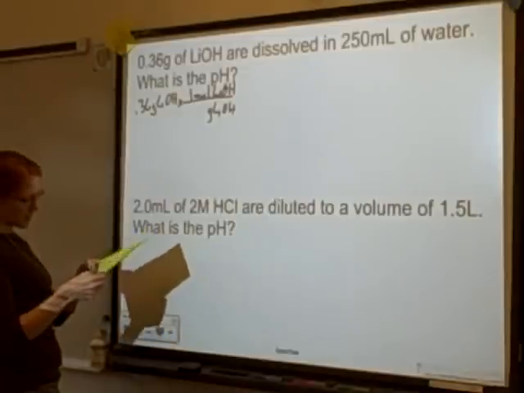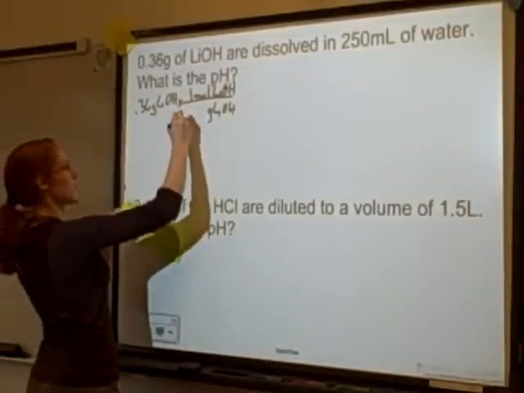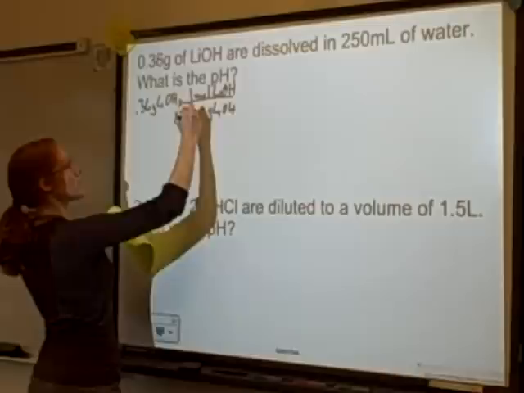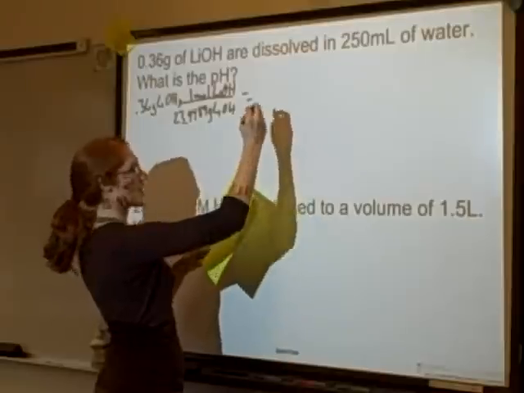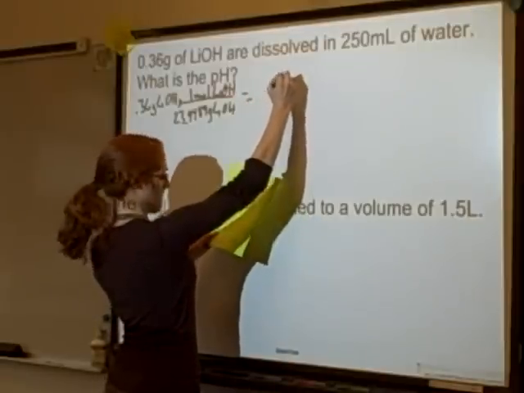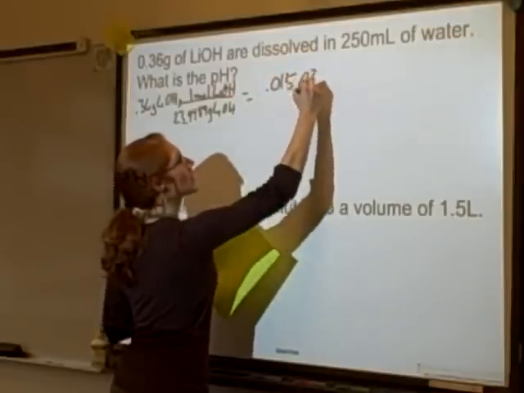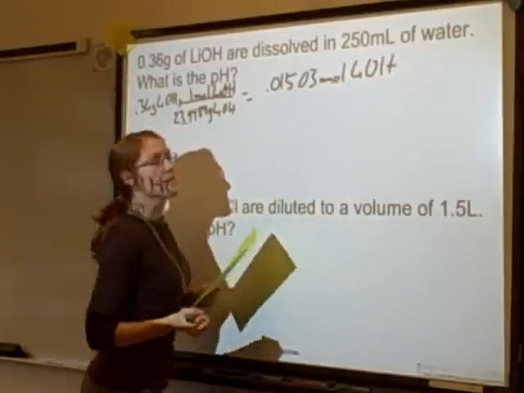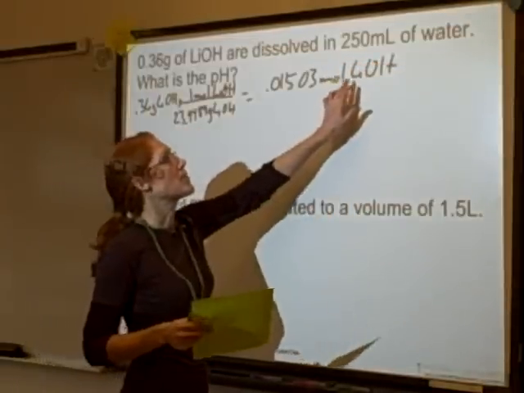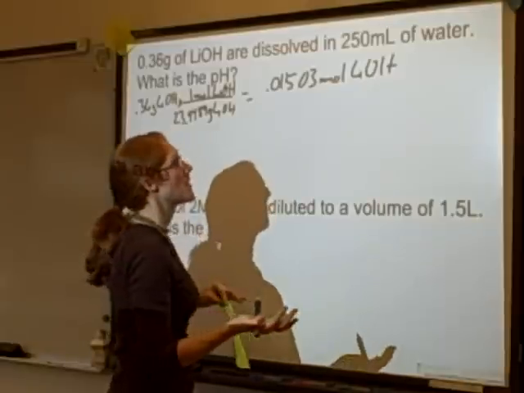And I can see I've got 23.9489 grams of lithium hydroxide is 1 mole of lithium hydroxide. So that's 0.01503 moles of LiOH. And since it's a strong base, it has this alkali metal and hydroxide, I know it'll dissolve 100%.